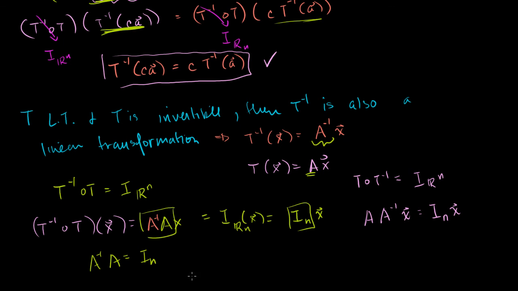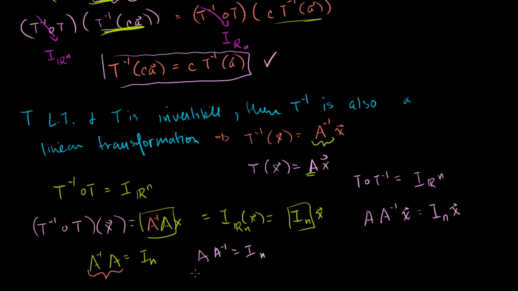So A times A inverse is also equal to the identity matrix, which is neat because we learned that when you switch the order of matrix-matrix products, they don't normally equal each other. But in the case of an invertible matrix and its inverse, order doesn't matter. You can take A inverse times A and get the identity matrix, or you could take A times A inverse and get the identity matrix.